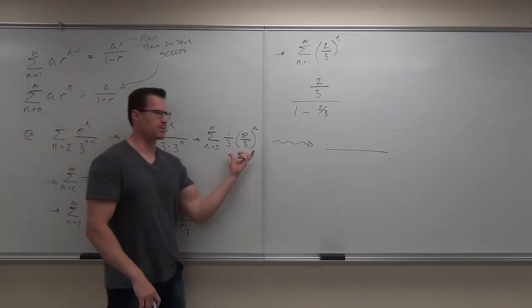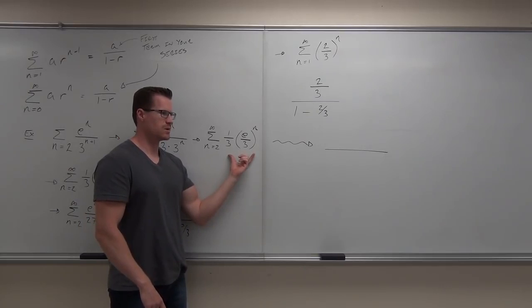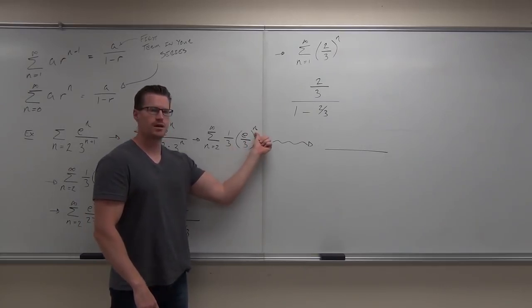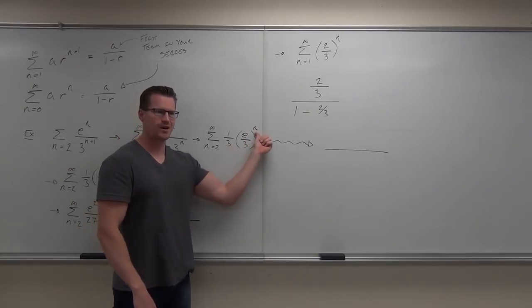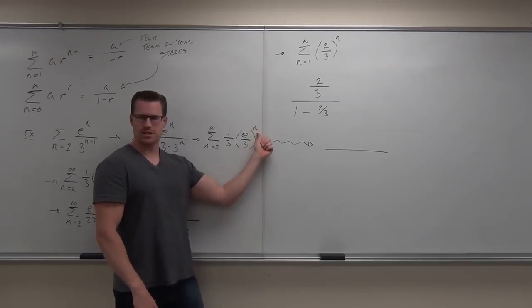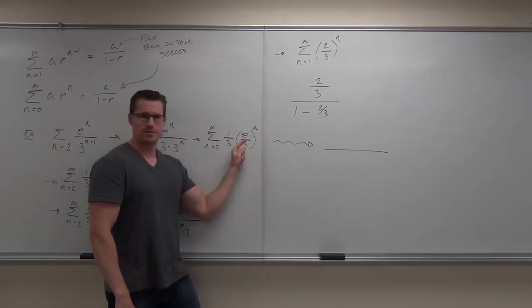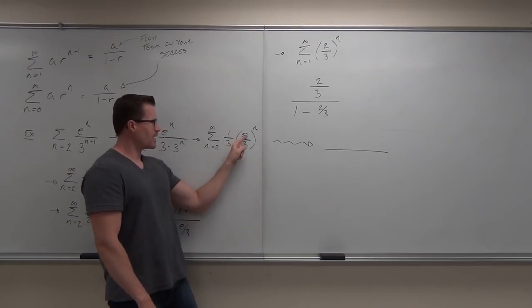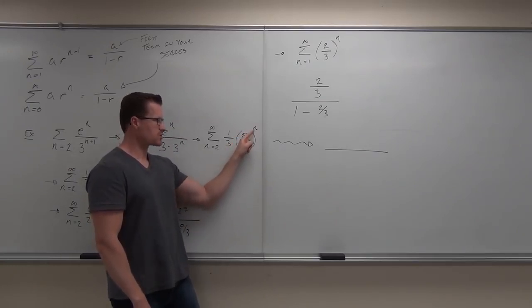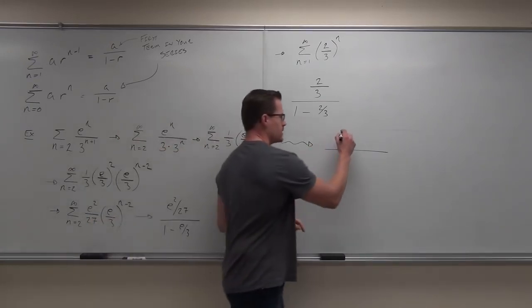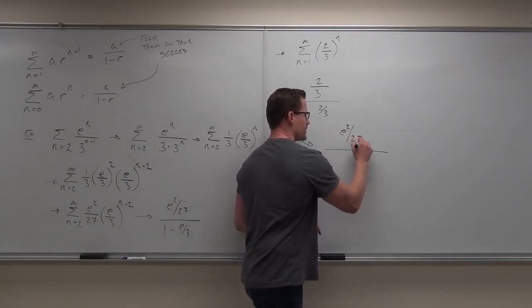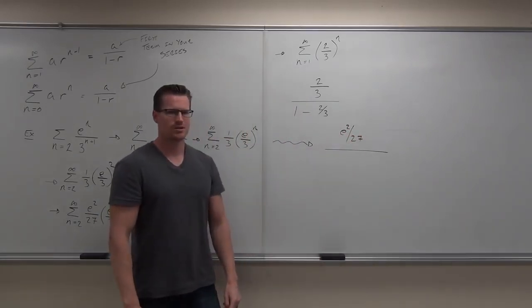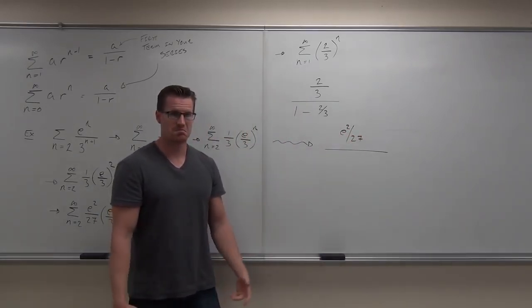Well, you can do that from here. Just plug in 2. If you plug in 2, you're going to get e squared over 9. Do you see the e squared over 9? If you got e squared over 9, e squared over 9 times 1/3 is e squared over 27. Hey, that's the first term in my series.